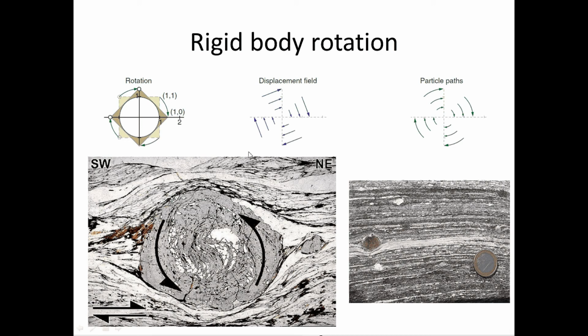And for an example of such rotation, here I have shown a garnet which is rotating, although it is not a pure rigid body rotation, as we can see a bit of deformation in the shape also. So we can't say it is a proper rigid body rotation, but it is an example of rotation. So we know that rotation is a deformation which is possible in rock.